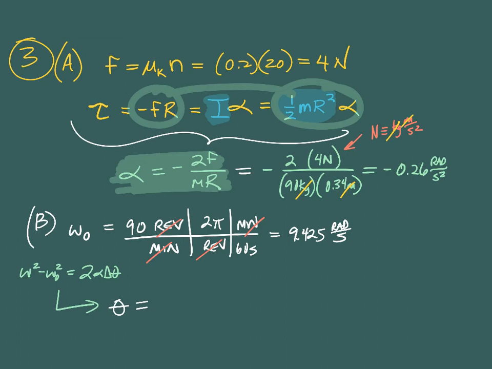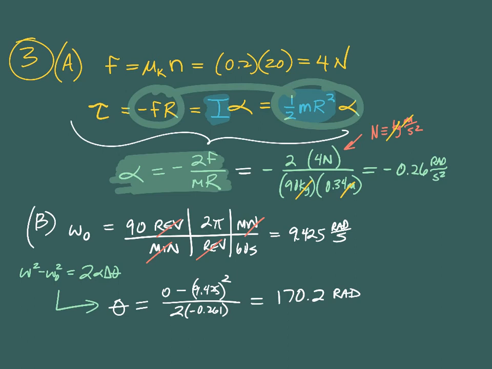Otherwise, you'll get your wires crossed and have a bad time. So we're going to have 0 minus this 9.425 squared over double the acceleration. I dropped the units because they're already the correct units, so I don't have to bother with that. And this gives me 170.2 radians.